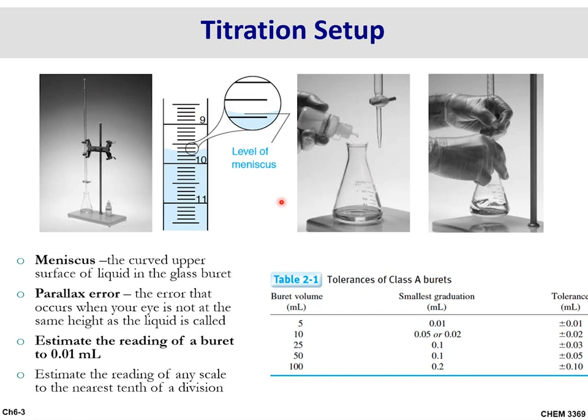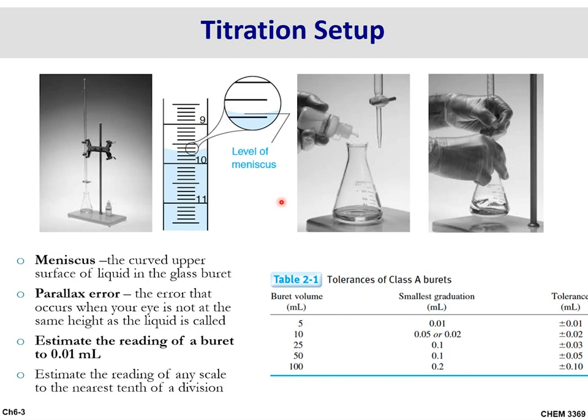Always use the smallest possible amount of the indicator, because if you use too much, it's going to affect your results in many different ways: changing volume, diluting. There might be side reactions with the indicator, so it is important to keep the volume of the indicator added to the minimum. Now, the indicator allows us to determine the endpoint of the titration. So this tells us when we're supposed to stop the titration.